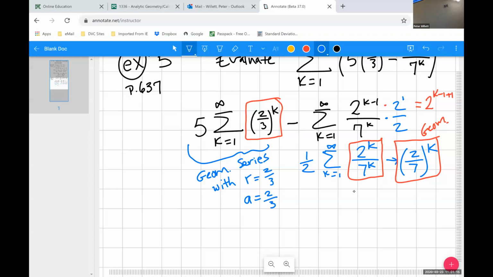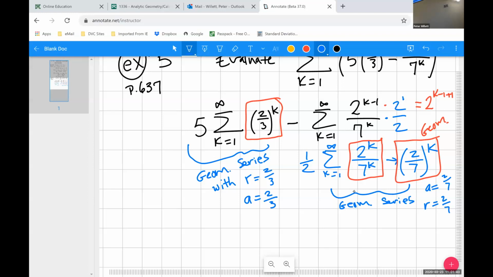So now over here, I have a geometric series where a and r can be determined. r is 2/7, multiplying by 2/7 every time. And when I plug in a 1, I also get 2/7 for my first term.